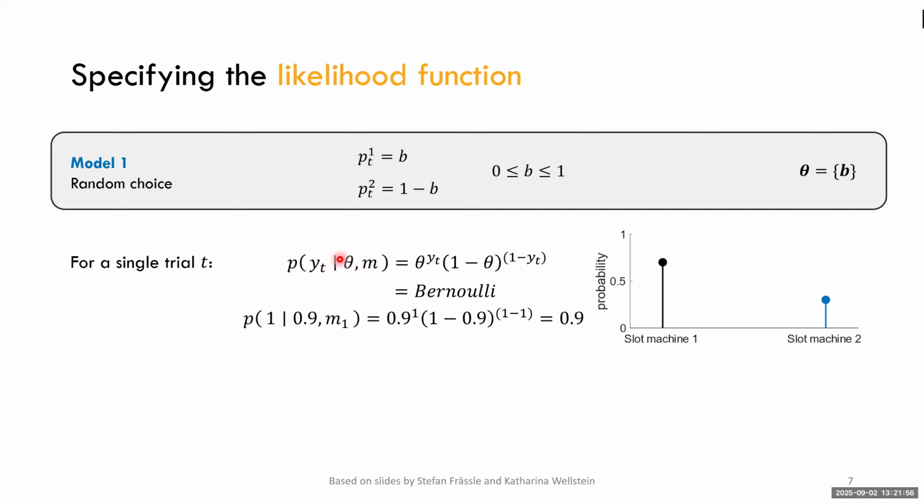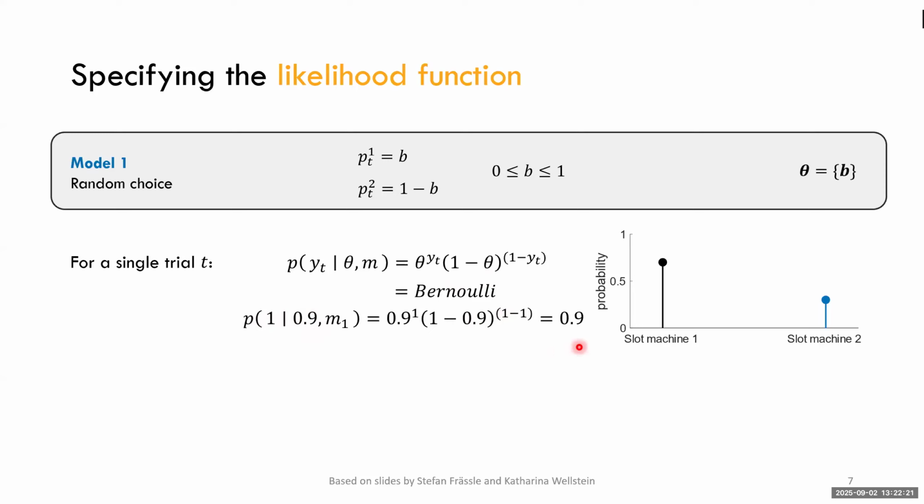So imagine your y, the data that you've observed for a single trial, is 1. It's either 0 or 1, and 1 is the black slot machine, let's say, given 0.9. This is the parameter that we're trying to estimate, but imagine that you're just playing around with this formula and you've plugged in 0.9 as your model parameter.